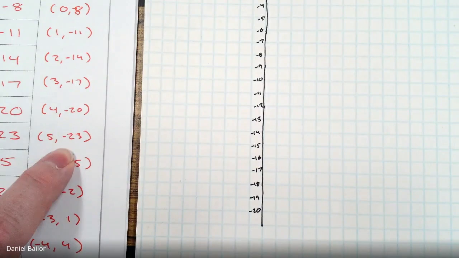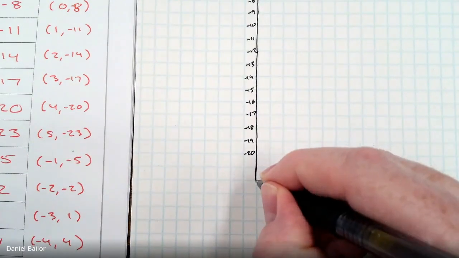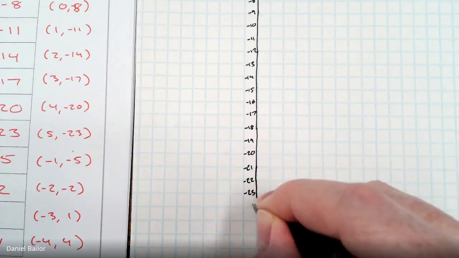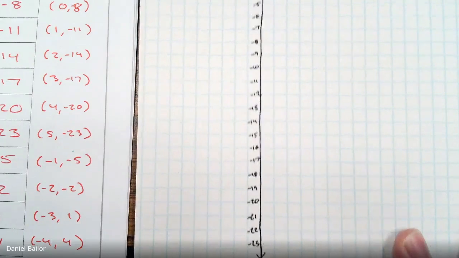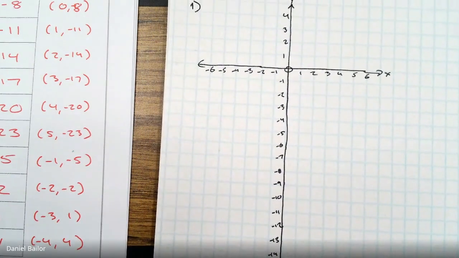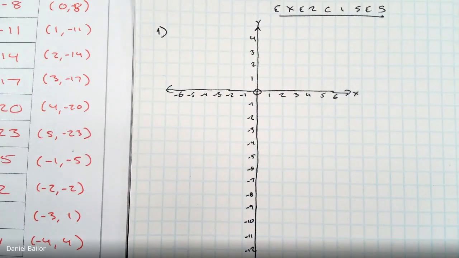I need to go down to -23, so I need to add some more. -21, -22, -23, and that's where I'll stop. So there's my graph. All of my x's and y's are on the axis, so I have plenty of room to graph my points.